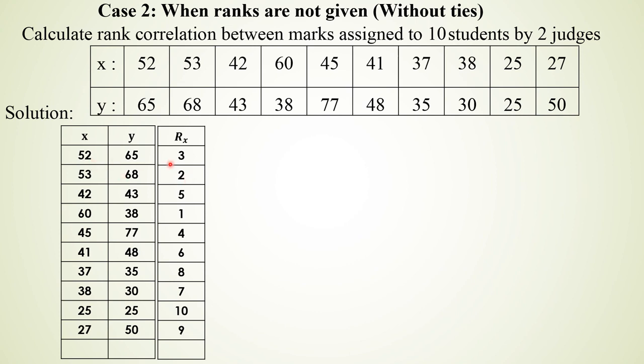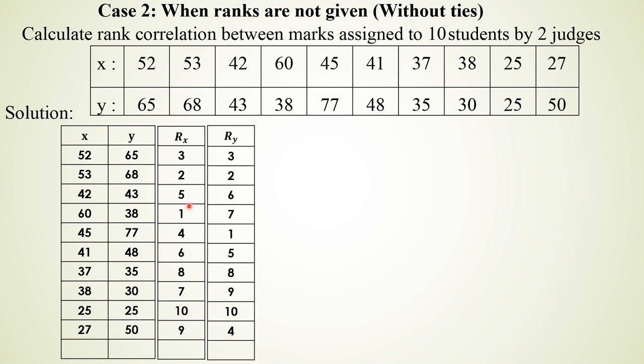Next 52, third rank. 45, fourth rank. 42, fifth rank. 41, sixth rank. 38, seventh rank. 37, eighth rank. 27, ninth rank. 25, 10th rank. So the third column over here indicates the rank assigned by the first judge for the 10 different students.